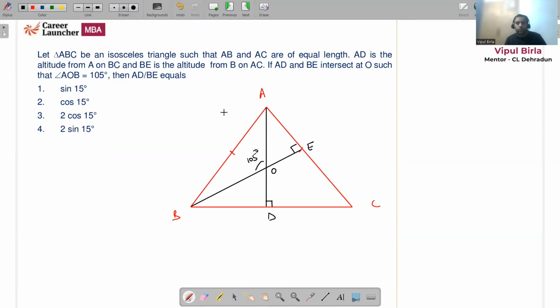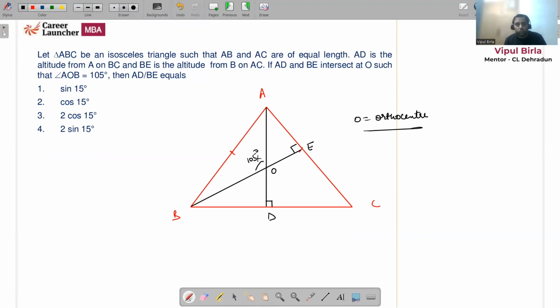Okay. Now, since point O is the intersection point of two altitudes AD and BE, therefore the third altitude will also pass through that point, and therefore O is nothing but the orthocenter.